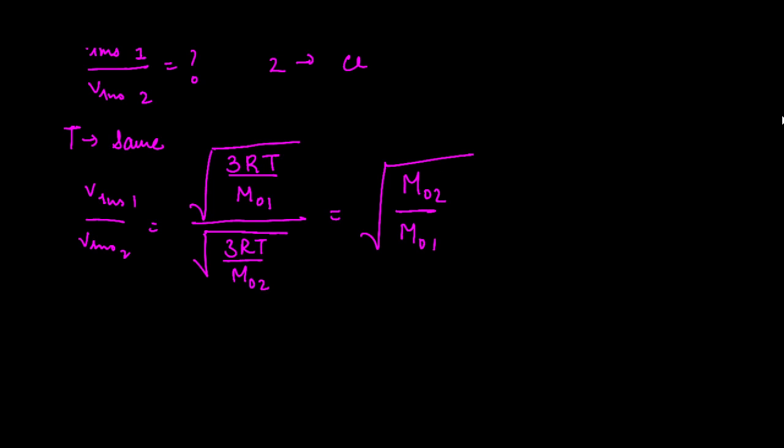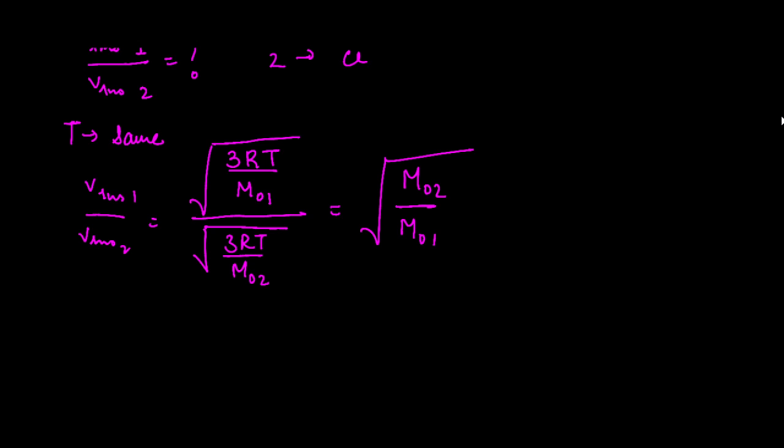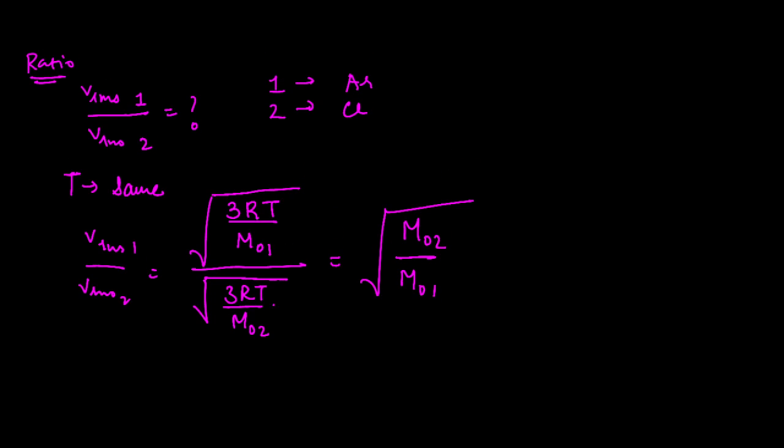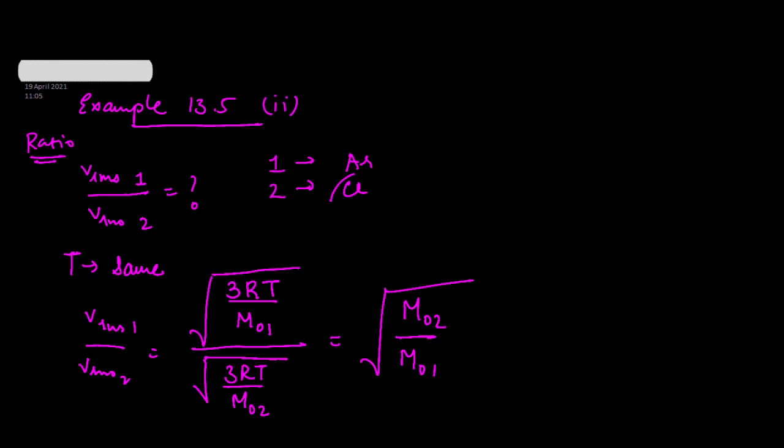Vrms formula, what is it? 3RT upon M0, everything under a square root. So 3RT will get cancelled, M02 will be in numerator. M02, molar mass of second gas. Now what's the second gas? Chlorine. Remember, chlorine is Cl2.